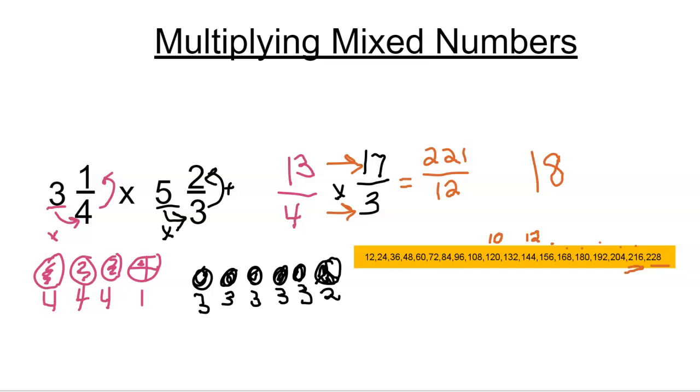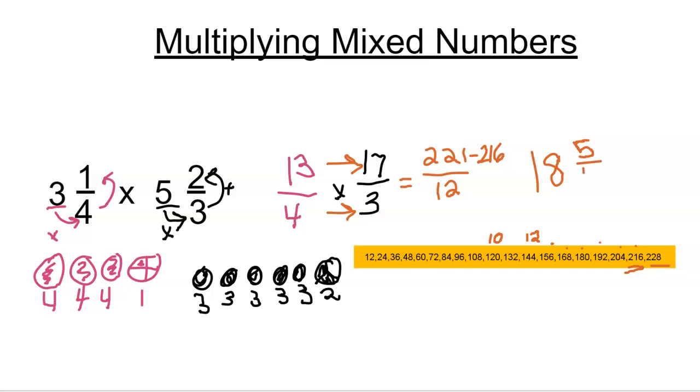So I'm going to say 221 minus 216, because that was 18 times, and this big 18, which is a whole number, is representing 18 12s. Then I have to figure out how many are left, because I couldn't make it to the next full group of 12. So if I do 221 minus 216, I get 5. I have 5 left out of the 12.